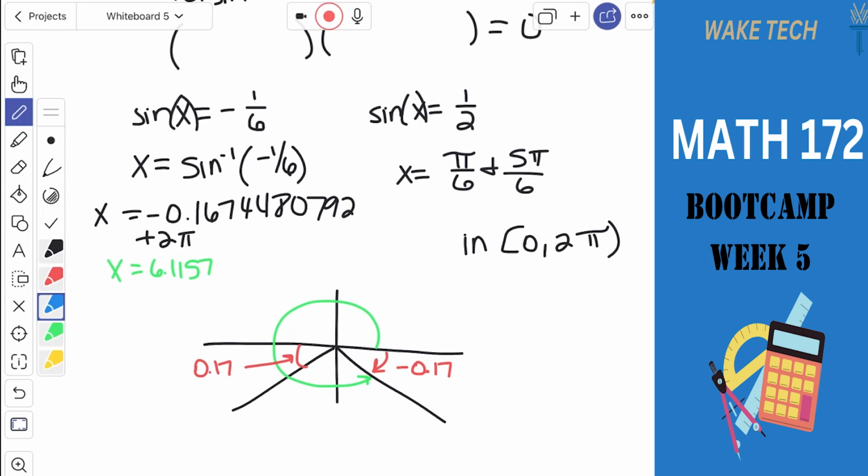So from pi radians, if we add 0.17 radians, the 0.16 blah, blah, blah, we get the second answer, which is 3.3090.